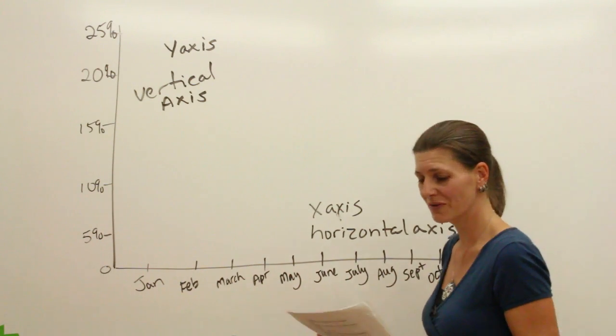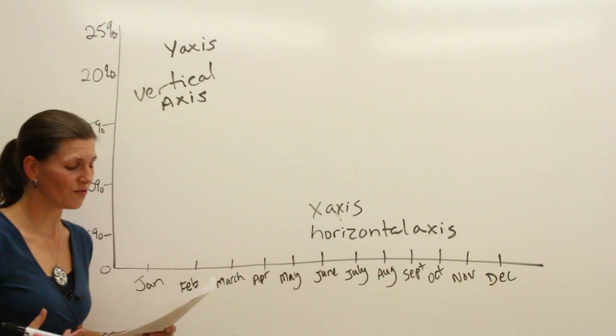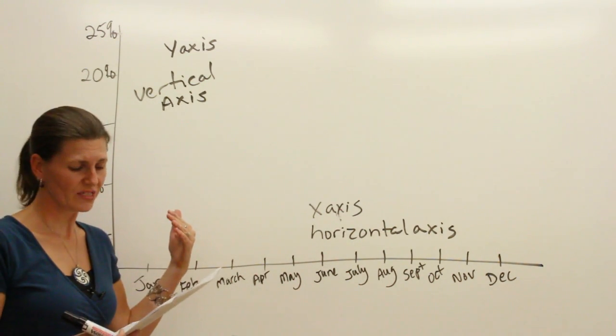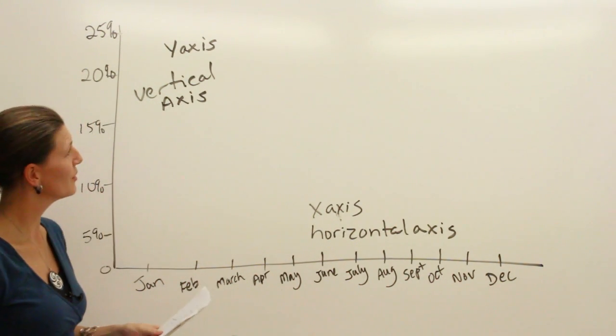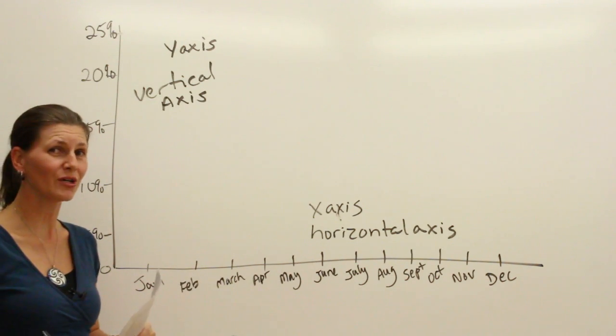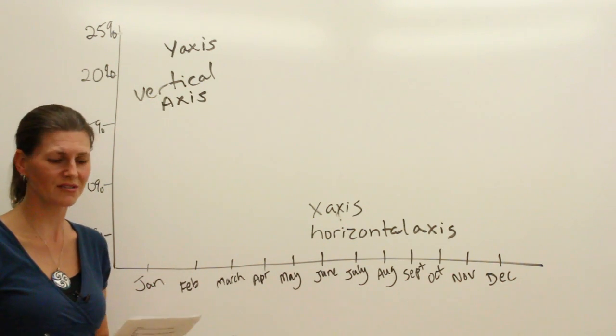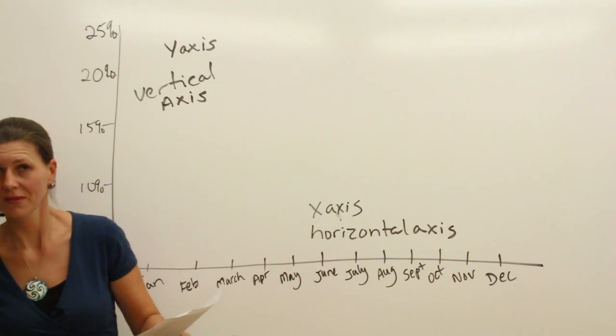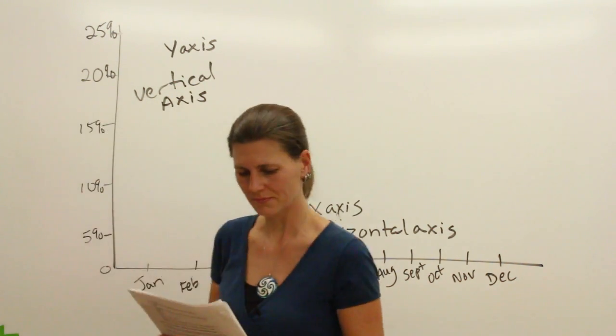Now, I'm going to read sentences for you using the vocabulary from our list that we've just made to help you draw your own graph. However, I'm not going to draw it with you. We'll compare answers at the end. Are you ready?